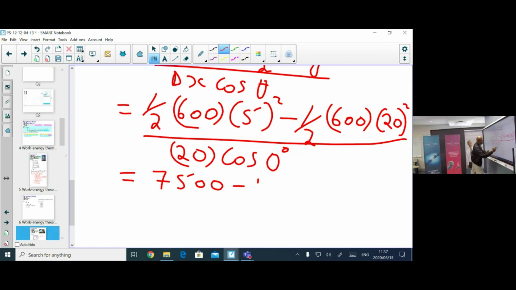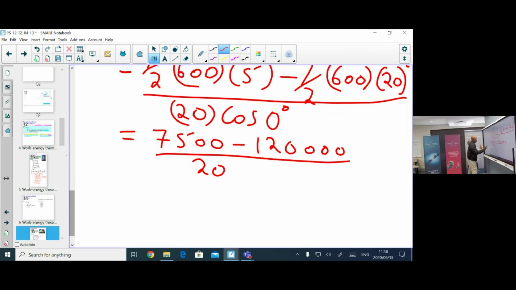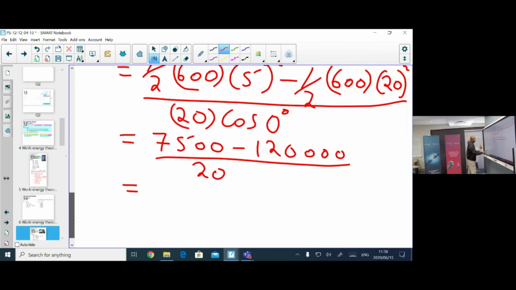That is 120,000 divided by 20 times cos 0 is 1. Then 1 multiplied by 20 is 20.